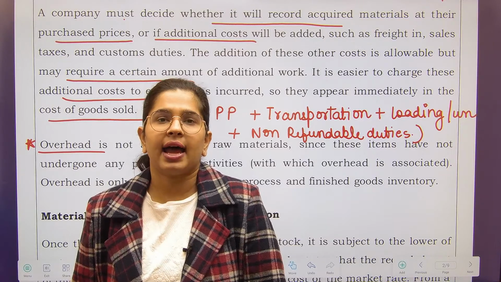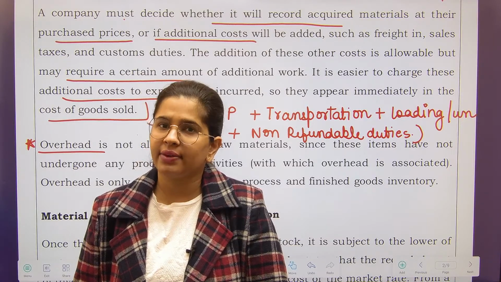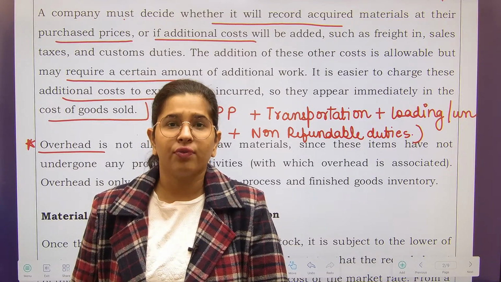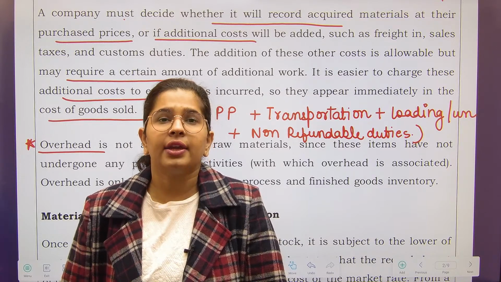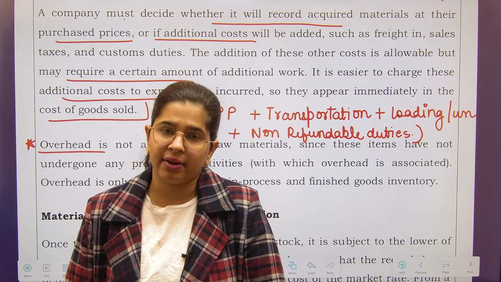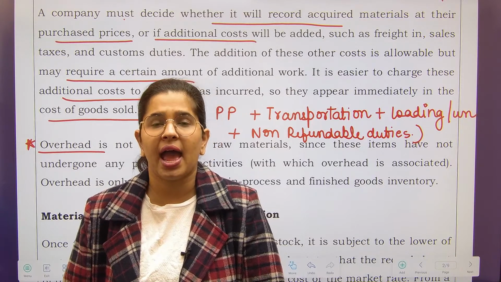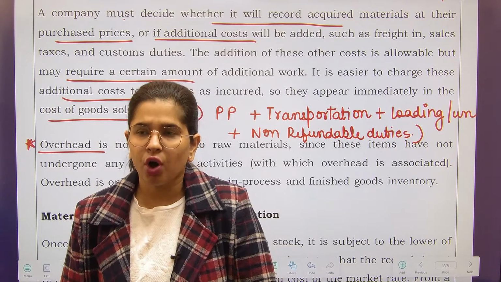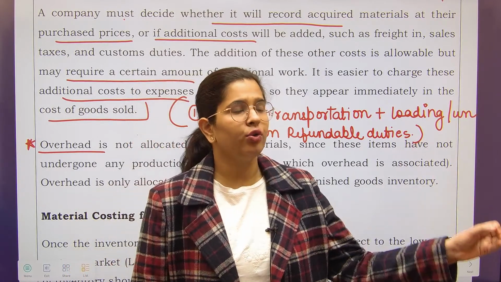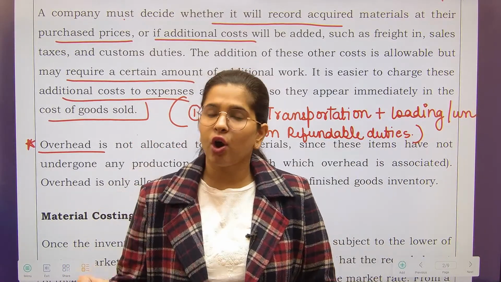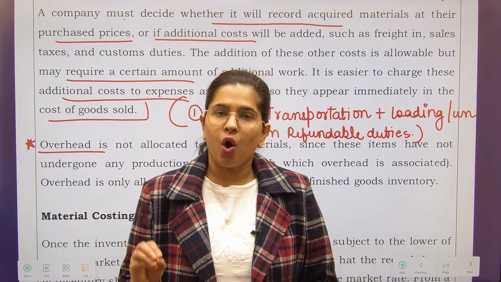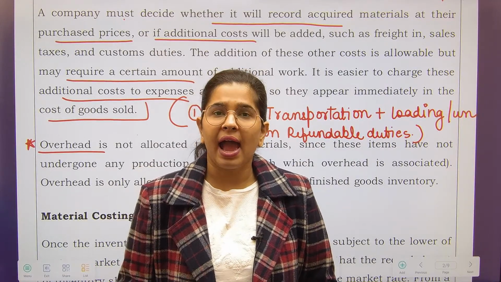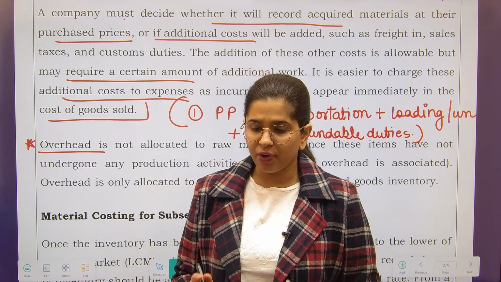It says that please value your inventory at the cost which has been incurred in order to bring the inventory to its present location and status. So whatever cost you have incurred in order to bring maida to your factory location, all those costs will be added in order to find out the cost of inventory.